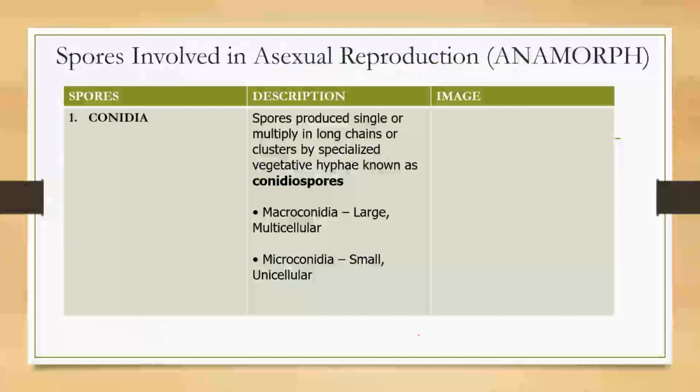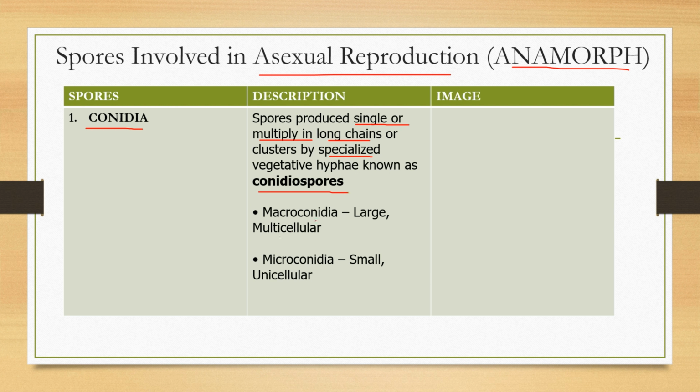So let's talk about the different spores or the different conidia involved in asexual reproduction or the anamorph. The first class is the conidia. These are spores produced singly or multiply in long chains or clusters by specialized vegetative hyphae known as conidiospores.